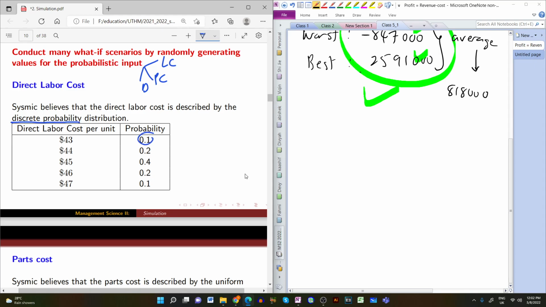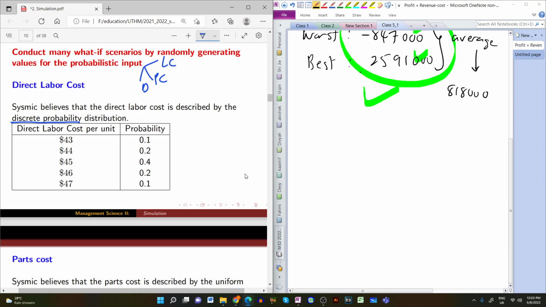So the probability here is already computed based on discrete probability. Labor cost, just now we see in the range, isn't it, 43 to 47. Now we write it in each integer term. For 43, the chance for the labor cost to be 43 is 0.1, in other words 10%.